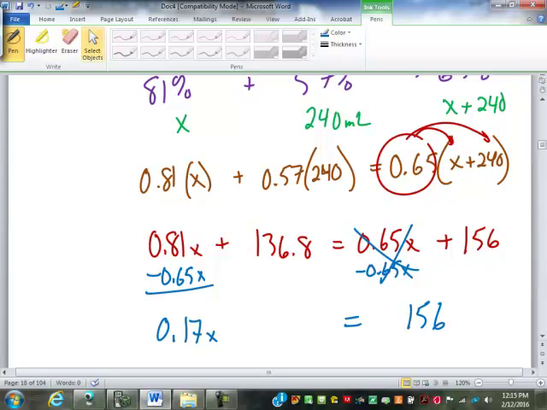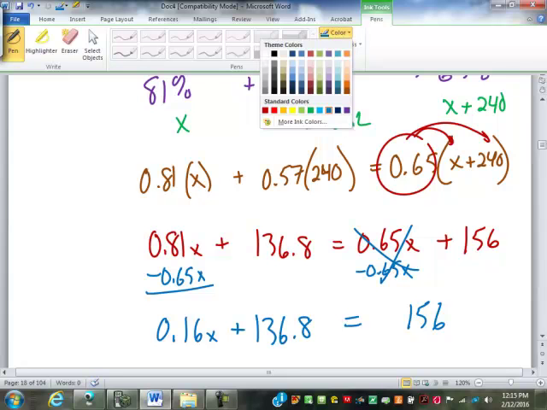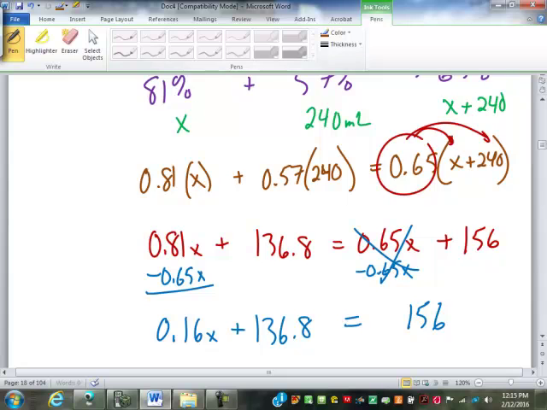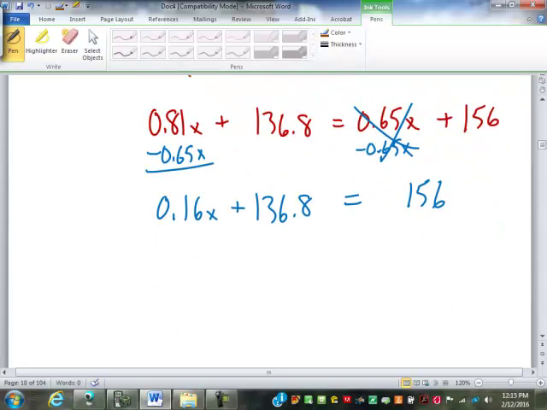No, 0.16x, sorry. Plus 136.8 equals 156. And now I'm going to subtract 136.8. So 0.16x equals 19.2.